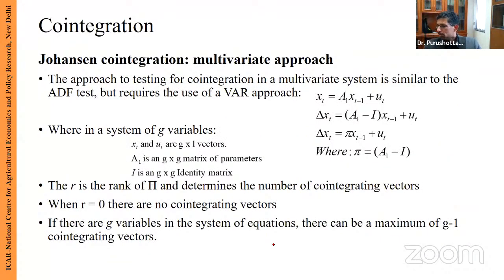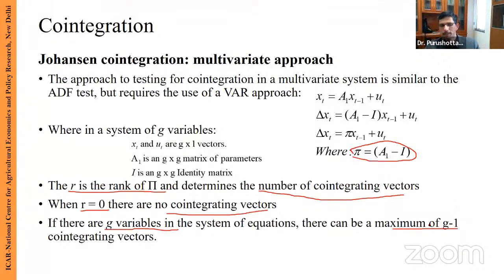So our rank of cointegration, R, determines the number of cointegrating vectors. If R is 0, there are no cointegrating vectors. If there are G variables in a system of equations, there may be a maximum of G minus 1 cointegrating vectors.